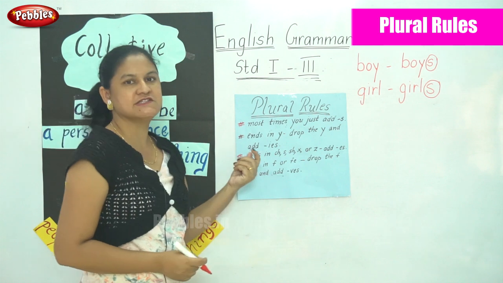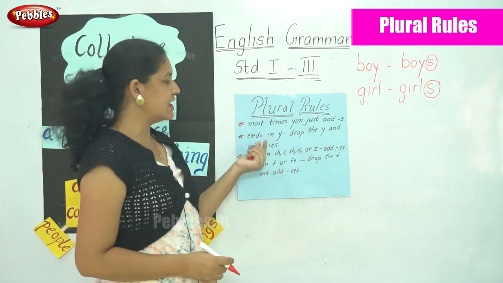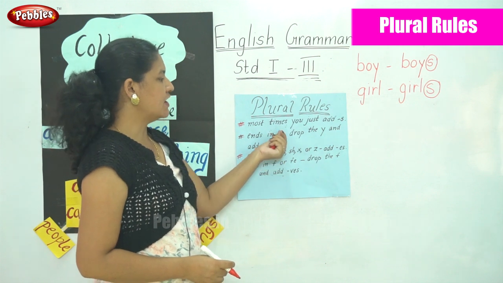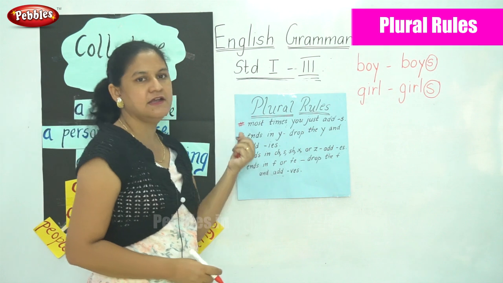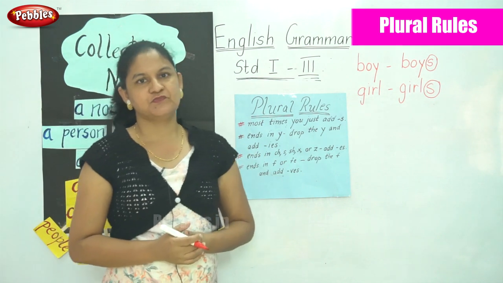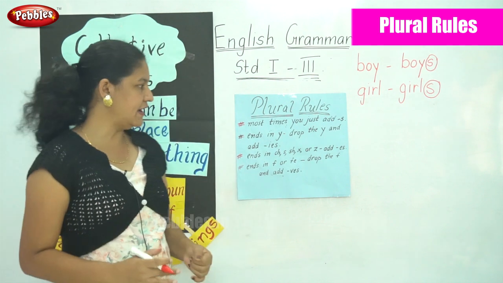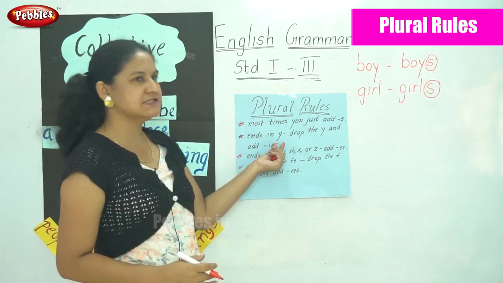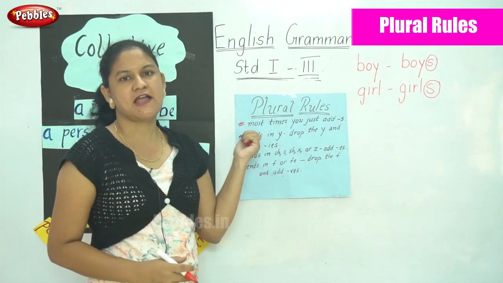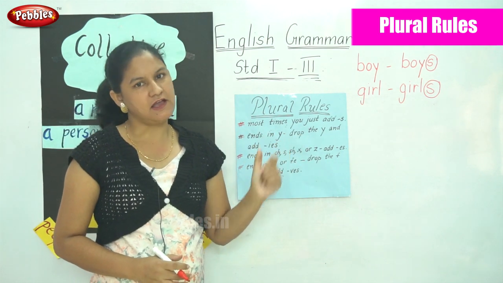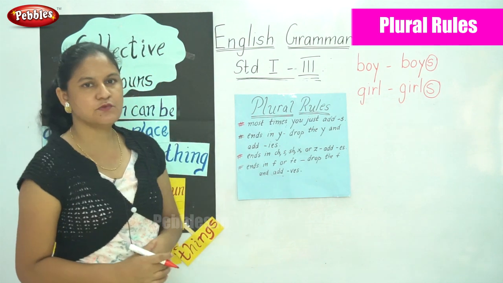The second rule is, when a word ends in y, we have to drop the y and add ies. I repeat the second rule once more. When a word ends in y, we drop the y and add ies. Let us see a word.